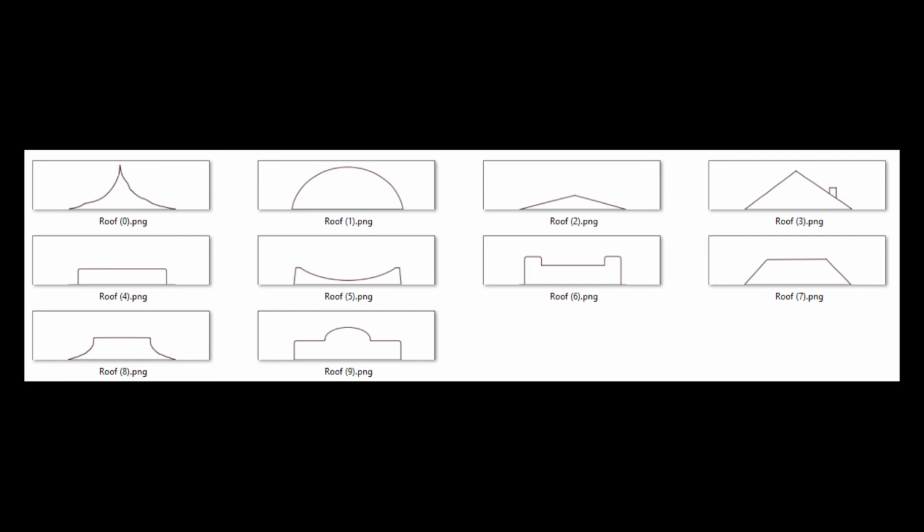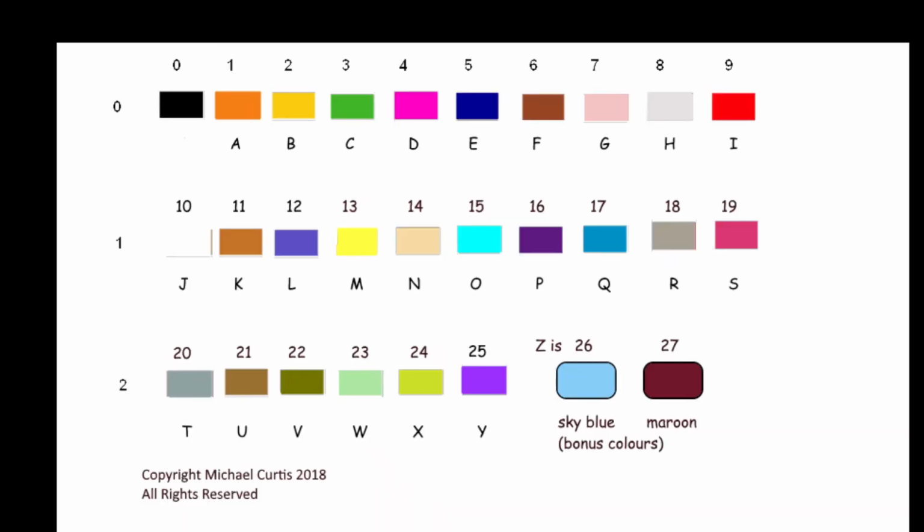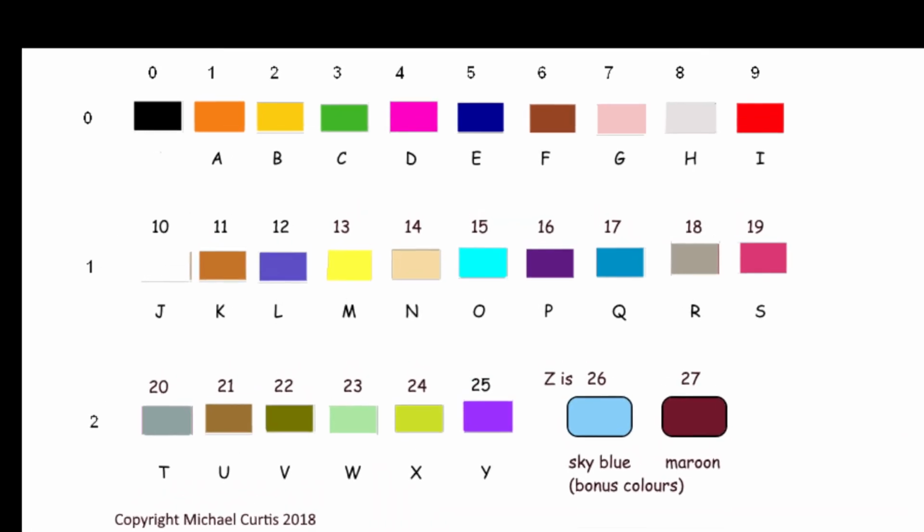I also have the base or the main part of a house, and I have 10 images of that, and that would be indicated by the second digit of a 3-digit number. And then the third digit of a 3-digit number would be the colour of that main base of the house.